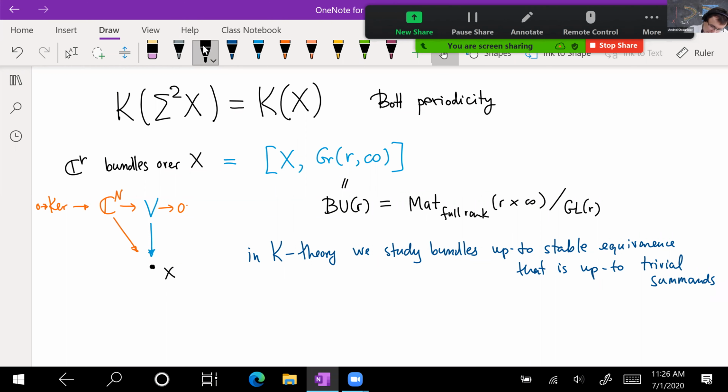And so the K-theory of X is just the same as the homotopy classes of maps from X to Z, which is where the rank lives, crossed with BU, which we'll just write as BU infinity.